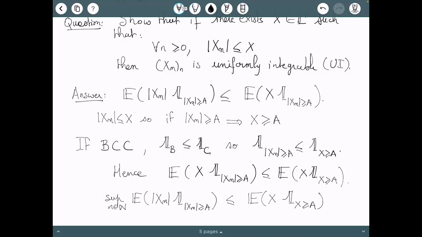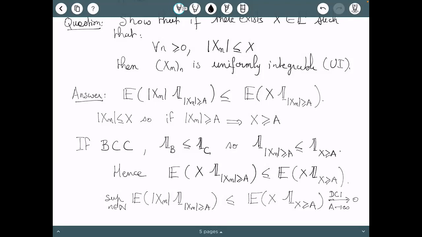And then we say that x is in L1, so we know that the expectation of tails tends to 0. Yes, what you use is the dominated convergence theorem. You agree? Yes. Okay. So that is going to 0 as a goes to infinity, exactly by the dominated convergence theorem.